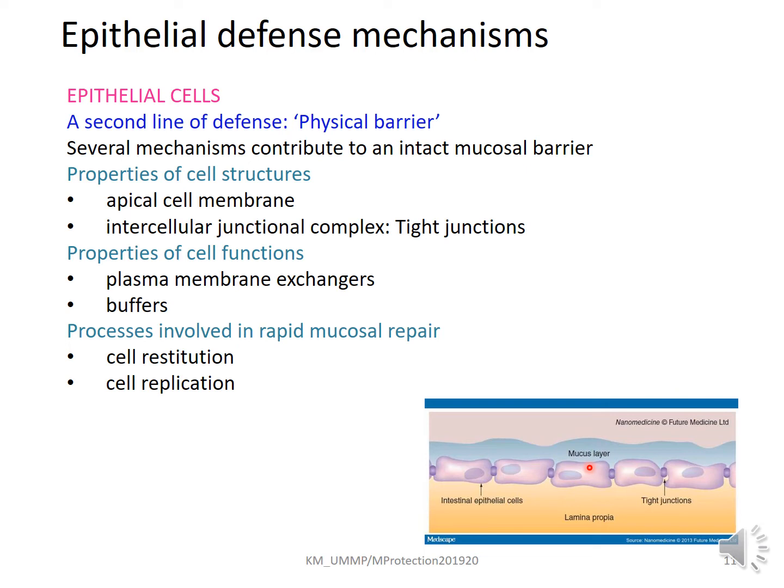In addition, if the cells undergo injury, these cells can heal themselves. The process we call cell restitution. And these epithelial cells are under constant renewal. Like us, they undergo aging and eventually die. All the dead cells slough off into the lumen and are then replaced by new ones. It's cell replication.